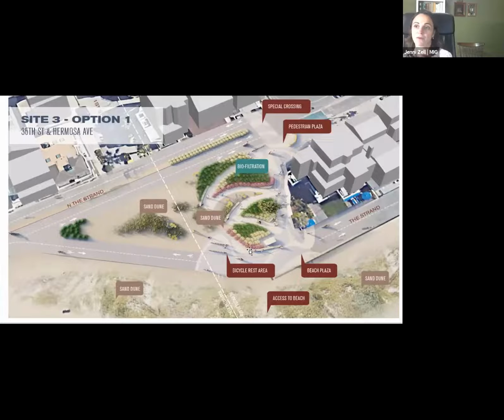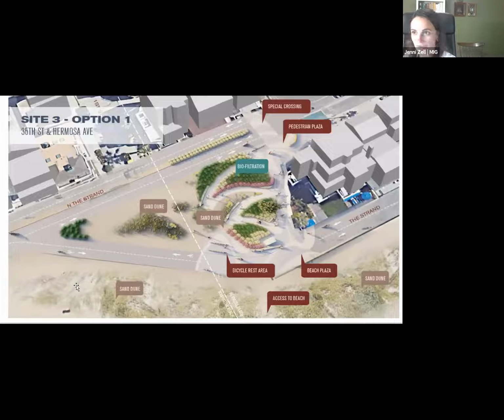And this also provides notably a bicycle rest area here where you could stop, get some water, and just transition from this singular bike way into this combined shared use path here along the Strand.